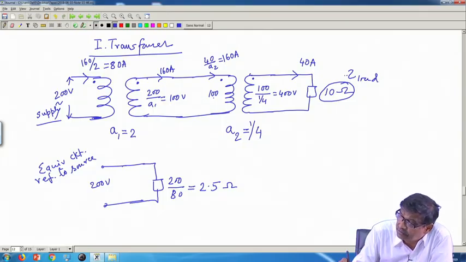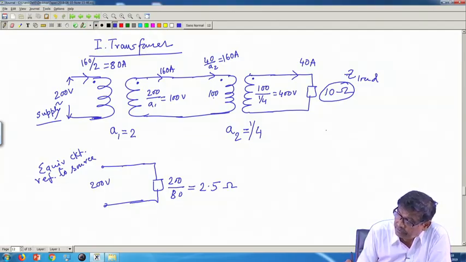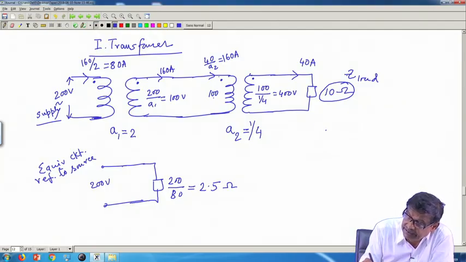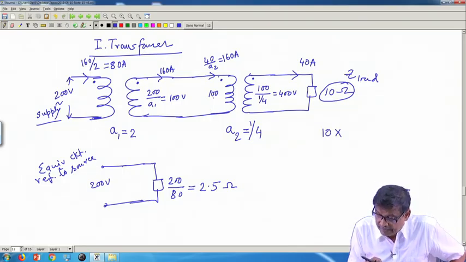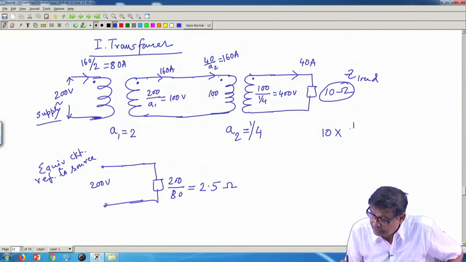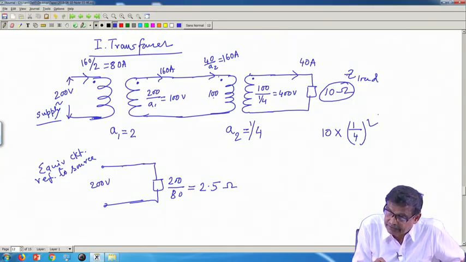Z load is this. So, to this here, this impedance will appear to be 10 into a square, that is 1 by 4 square, this impedance. This impedance is connected across this.